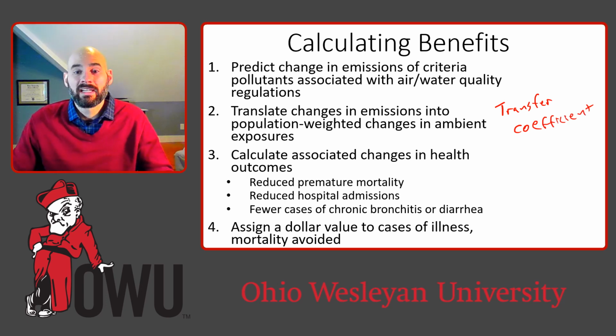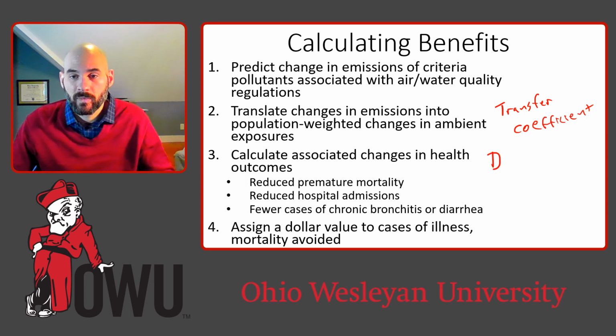And once we know how the population's exposure to the pollutant is going to change, we can then use our dose response function to translate that change in exposure to pollution into a change in health outcomes.